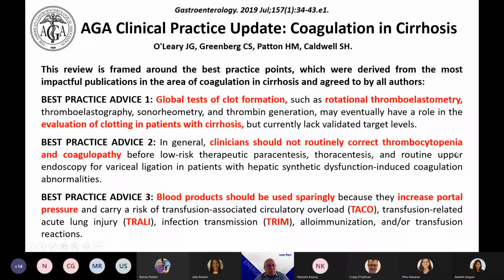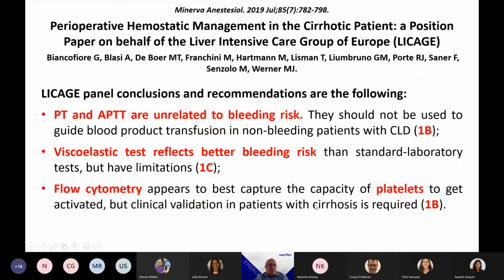But this applies also to viscoelastic testing. They should also not be corrected prophylactically, because this therapy has been shown in a lot of studies to be associated with worse outcome.